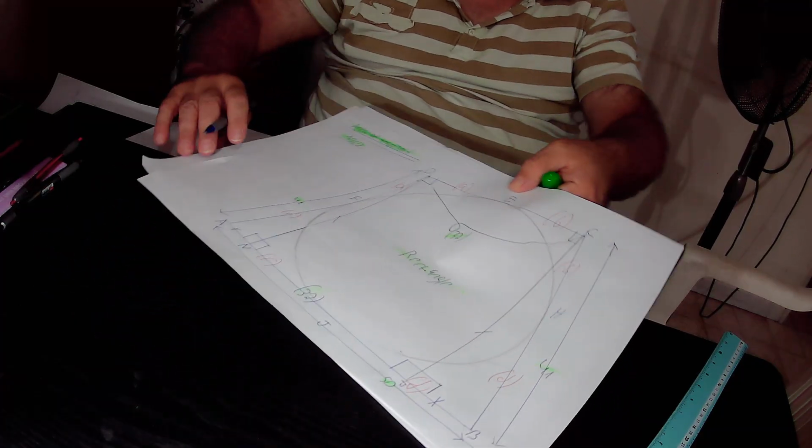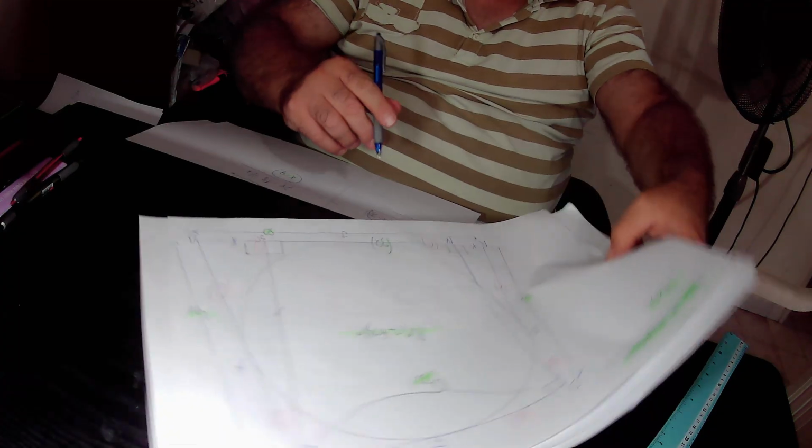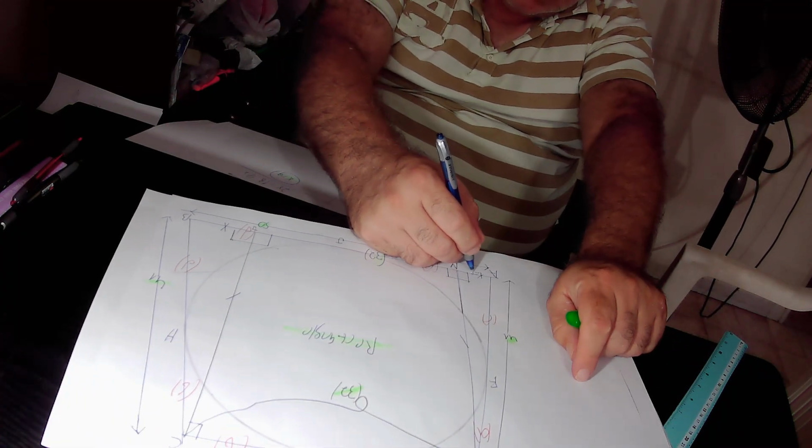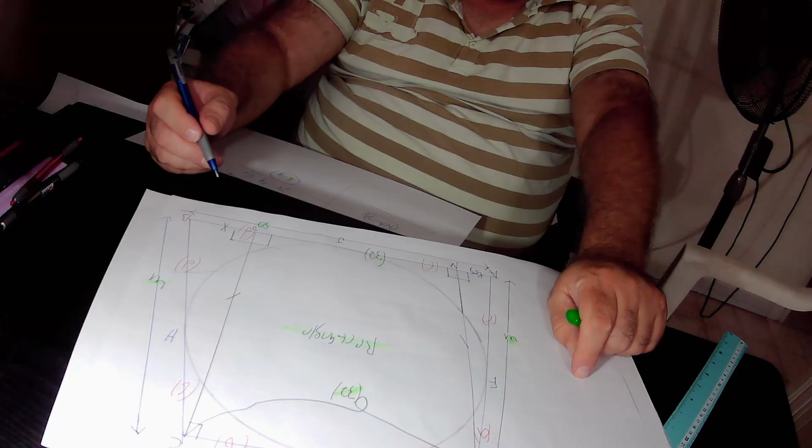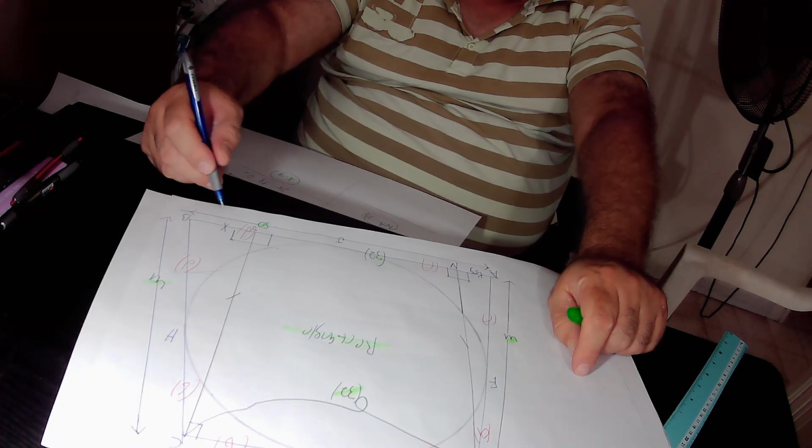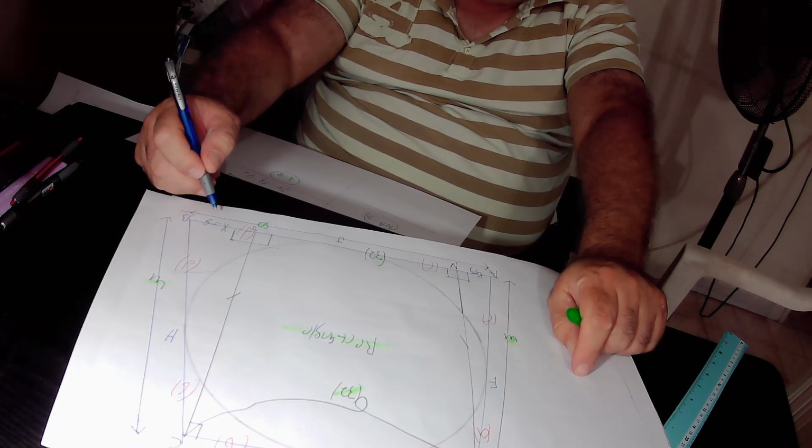AN equals to x and x equals to 9. Here JB also equals to x and x equals to 9 units in its name.